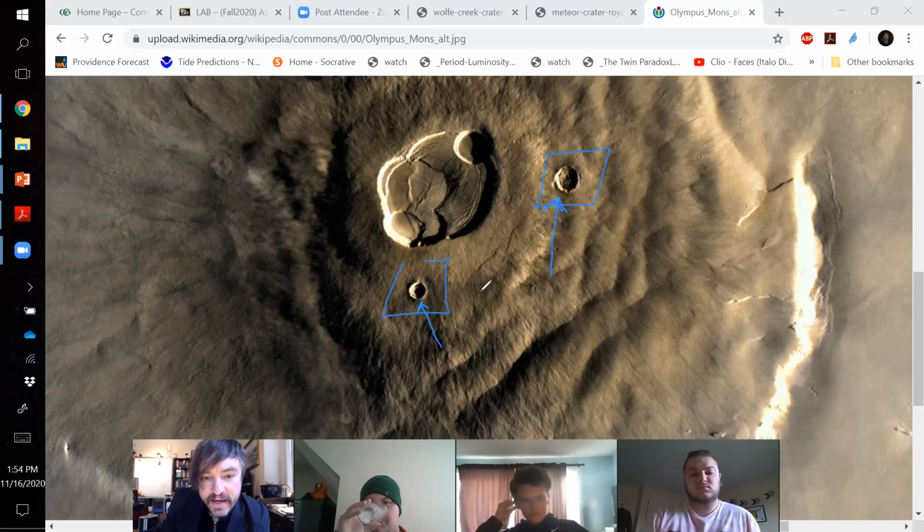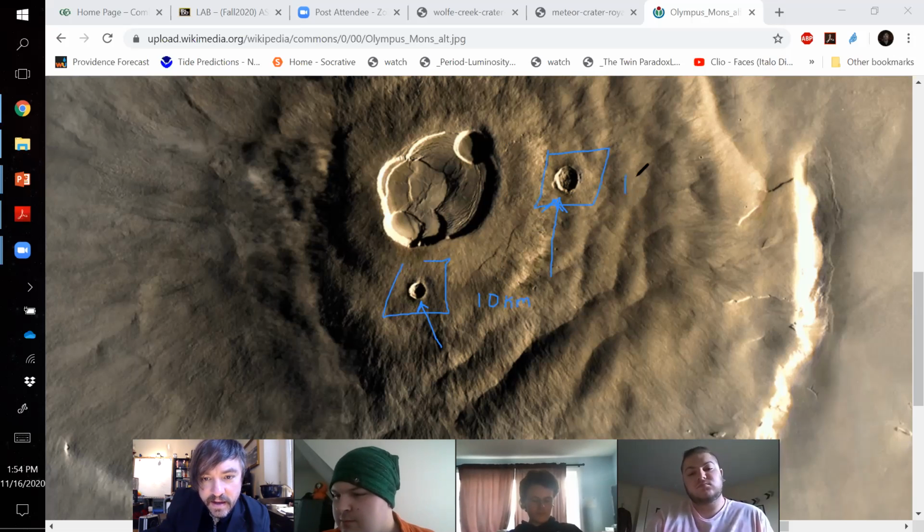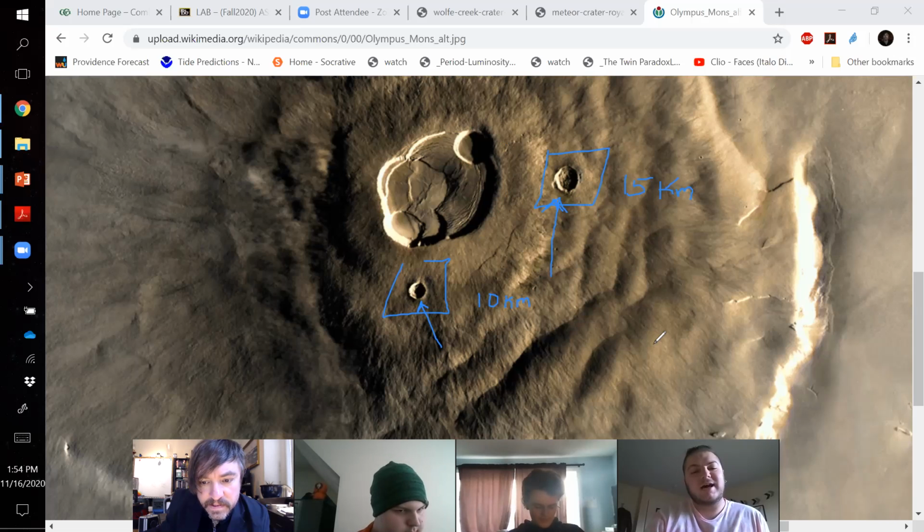What if I told you, Jake, that this one was about 10 kilometers across and this one's about 15 kilometers across? How big would the impactors have to have been that created those craters? Tiny. There's a rule. What's the rule? It's one-tenth of the diameter. Divide by 10. So how big were those objects? One kilometer to 1.5. Yeah. Okay.